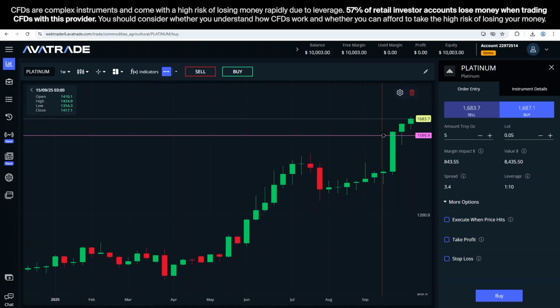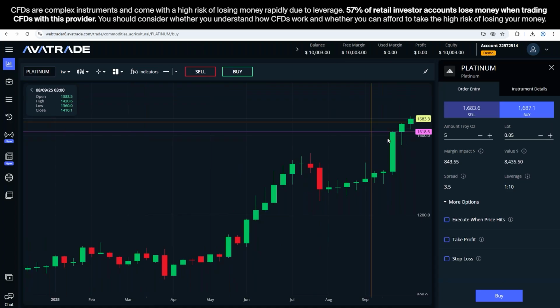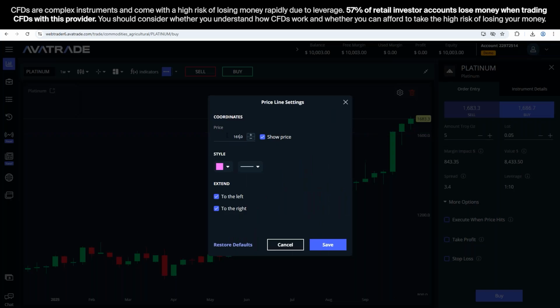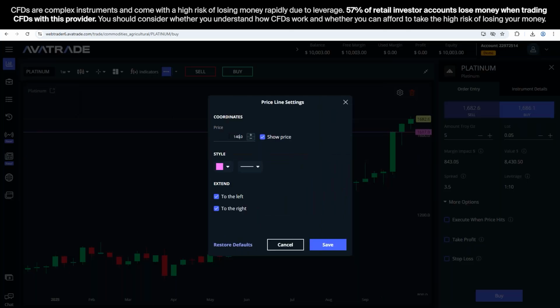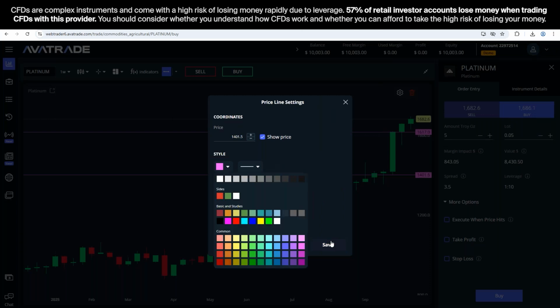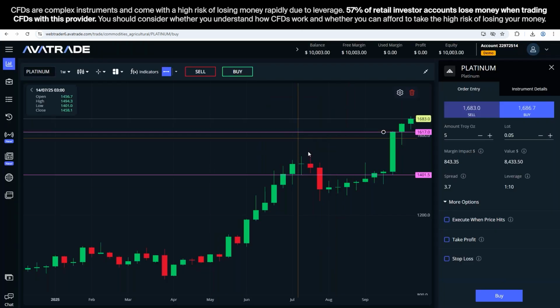Let's look at the open. Okay, so we see that the open here is 1617. And then we see that the low is 1401.5.